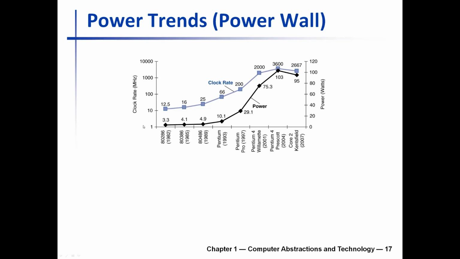And with that, the power consumption also increases. The power required for the chip is also increased, right? Because we are switching the transistors on and off faster, the amount of energy you need per unit time kept increasing.